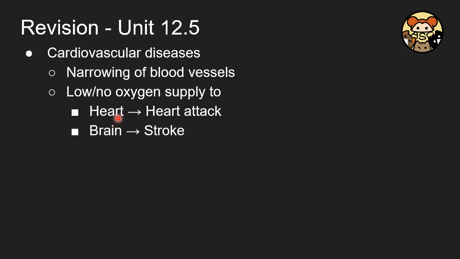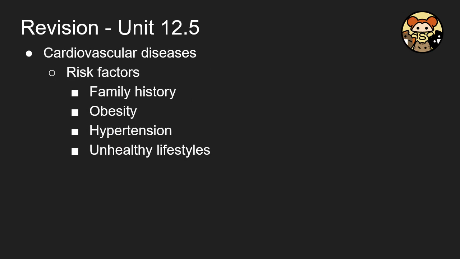If no oxygen to the heart, then you may suffer from a heart attack, while if no oxygen to the brain, you may suffer from a stroke. The risk factors consist of family history, obesity, hypertension, and unhealthy lifestyle.